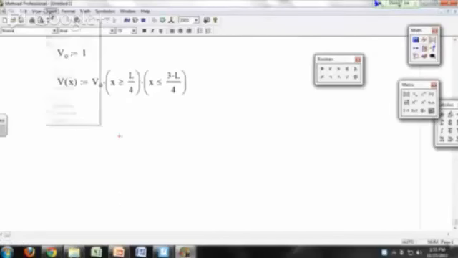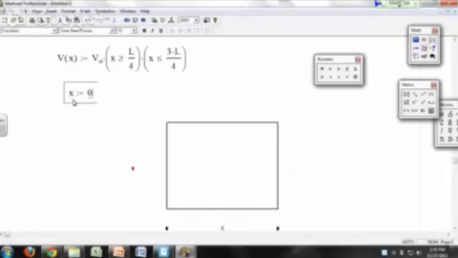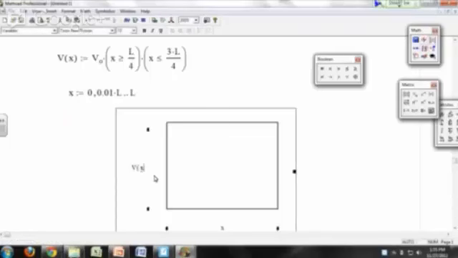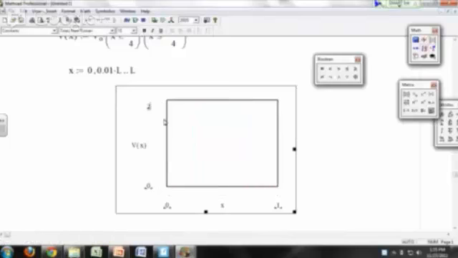So insert a graph. Plot versus x. Let's plot x from 0 all the way to L in steps of 0.01 L, so we're going to have 100 points between x equals 0 and x equals L. I'm going to plot V of x. And what does that look like? Let's make this 2.